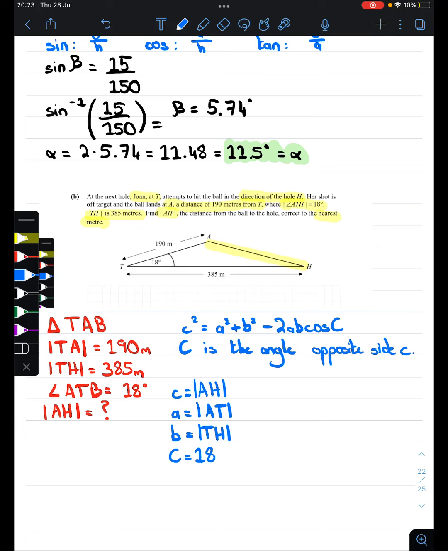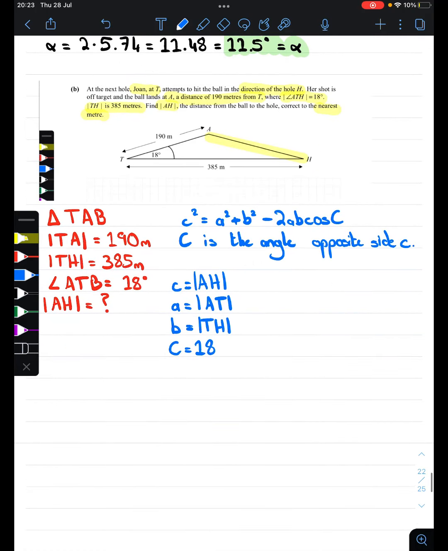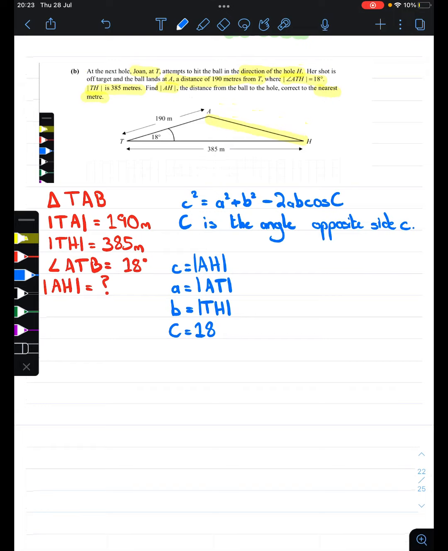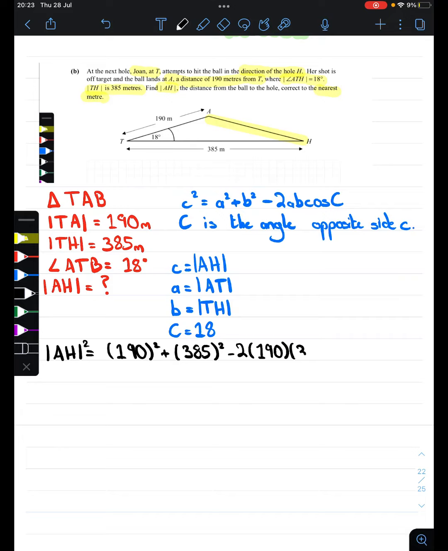So that's just 18 degrees. Now if we just plug this into the formula, we get that c squared, so AH squared, is equal to a squared, so AT, 190 squared, plus TH, 385 squared, minus 2 times 190 times 385 times cosine of 18.